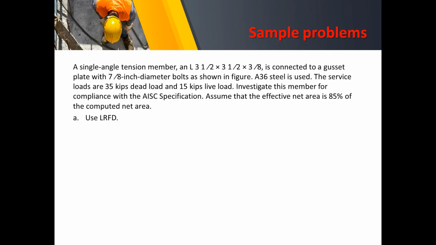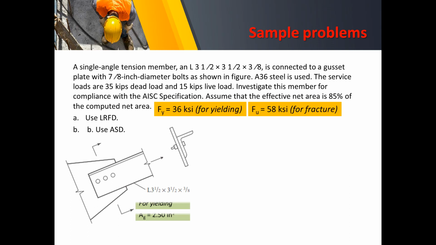Knowing that, we now have the gross area equal to 2.5 square inches for yielding. Now for fracture, we subtract the holes. First we have the gross section of 2.5, less the thickness multiplied by the bolt diameter plus 1/8.